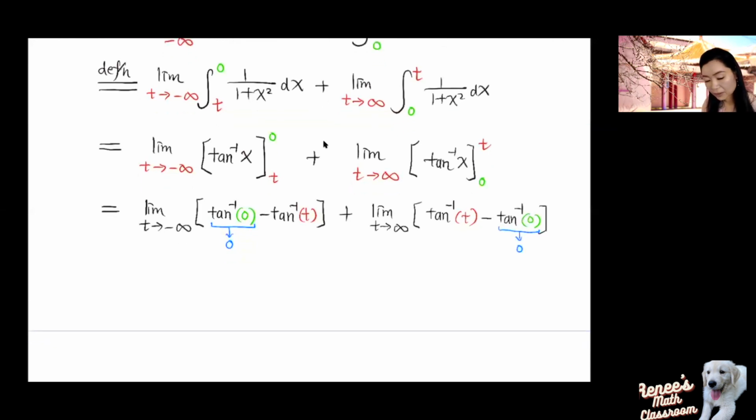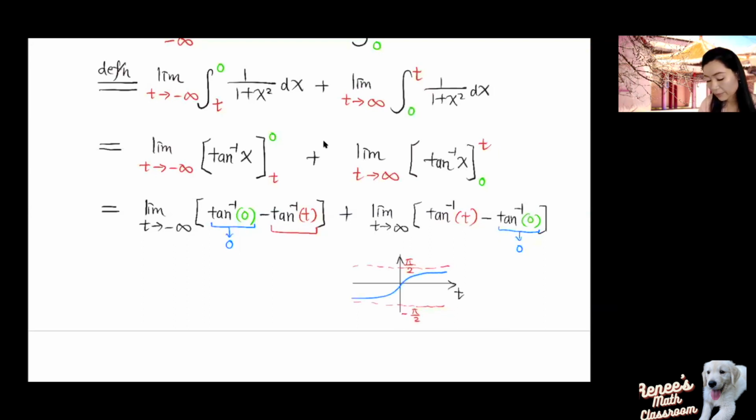So what about when t goes to negative infinity? What does this go to? Do you guys remember the graph for inverse tangent? Let me refresh your memory. Here is t, this is pi over 2, this is negative pi over 2, and inverse tangent is going to be like this.